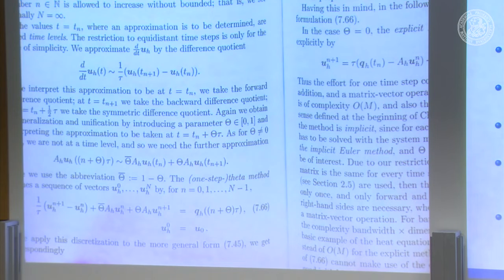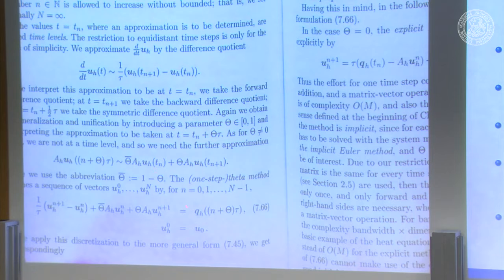So what we are doing is, in the way I discussed, we now substitute, because we do not have u at this intermediate value, with the corresponding convex combination, and as an abbreviation for 1 minus theta, I use here theta bar.